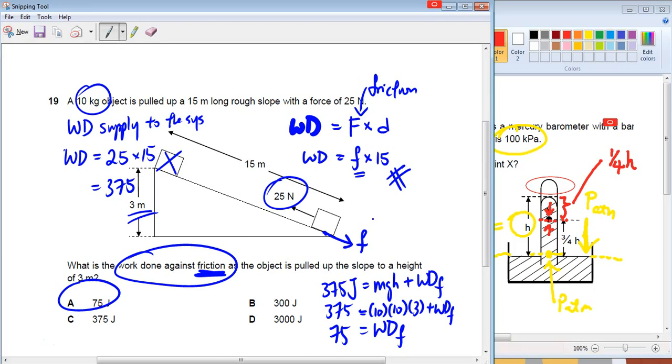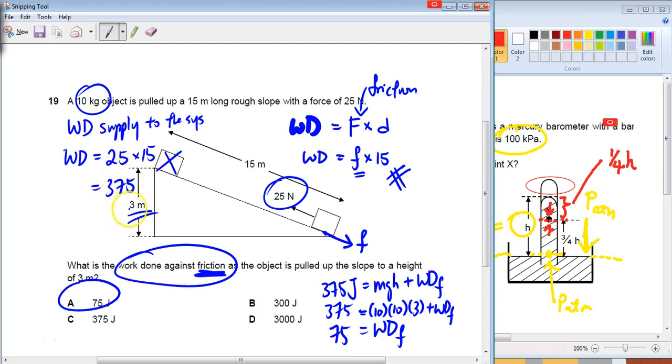For this problem, you are supplying energy through the application of this force, 25 Newton. So this is your energy in by this force. And so you can convert this 25 Newton into work done supplied to the system. So this 375 is the amount of energy put into this system here.